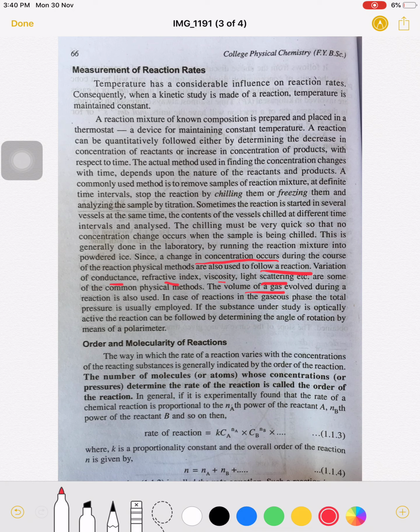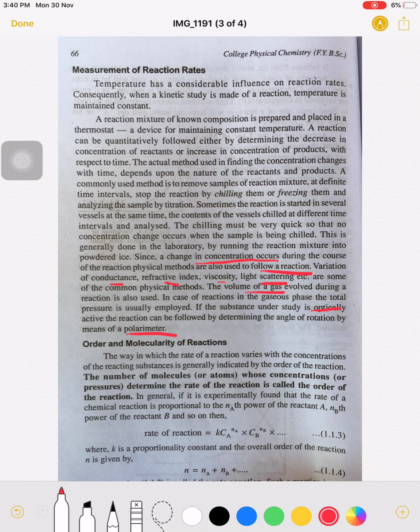If the substance under study is optically active, the reaction can be followed by determining the angle of rotation by use of polarimetry. Now see here, most of the time in objective this question is asked. So how will you determine the optical activity of the reactant?